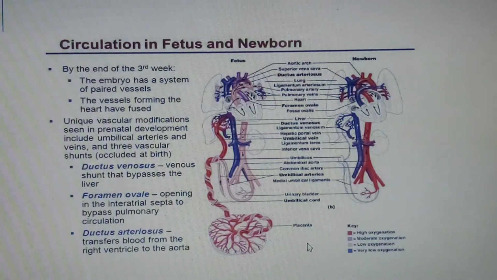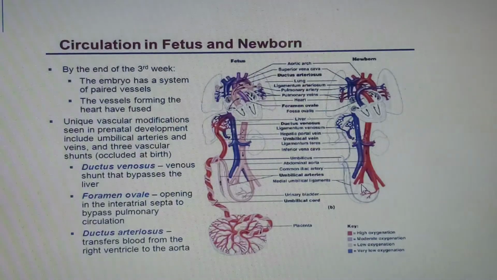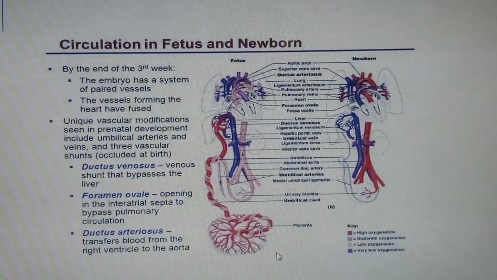The umbilical vein will carry oxygen-rich blood, and the umbilical arteries will carry oxygen-poor blood. Get to know that the umbilical arteries are actually branches of the internal iliac artery. I will show you that one.